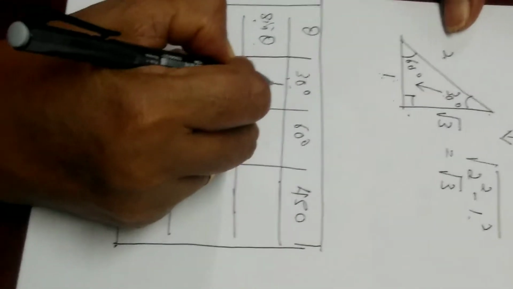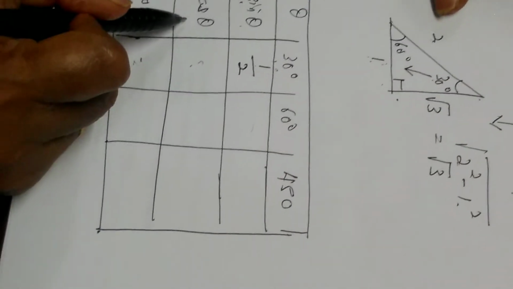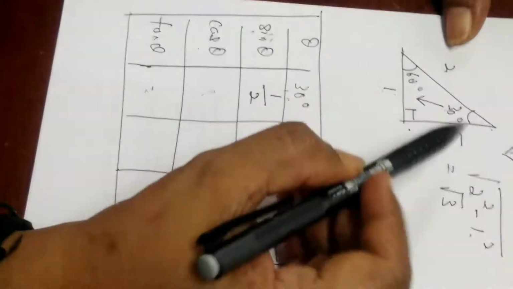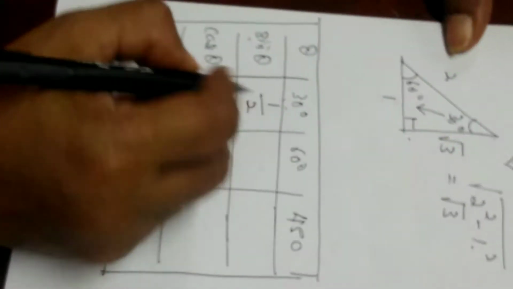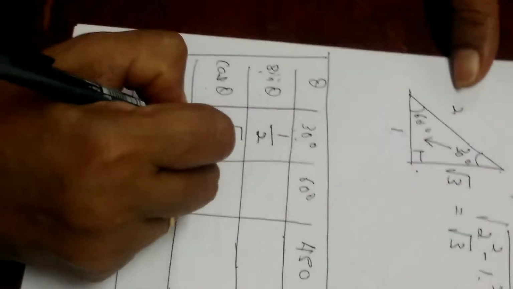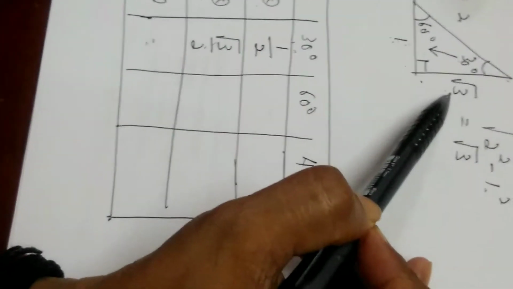So it becomes 1 over 2. Cos theta is adjacent over hypotenuse, square root of 3 over 2. And tangent theta becomes opposite over adjacent, 1 over square root of 3.